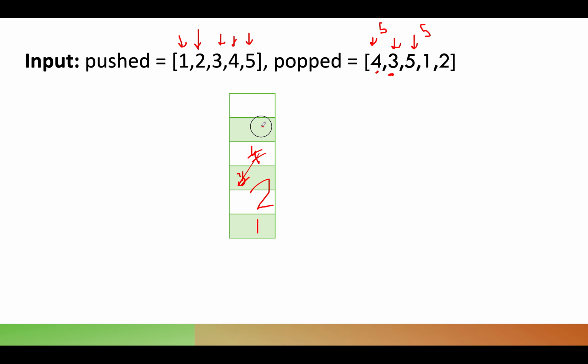I will add 5. 5 gets added, and since it's a match, remove 5. 5 gets removed, and you will increment the S counter. S gets incremented to here, and since the elements are exhausted and there is an absolute mismatch and nothing can be done, we will return false since the stack is not empty.